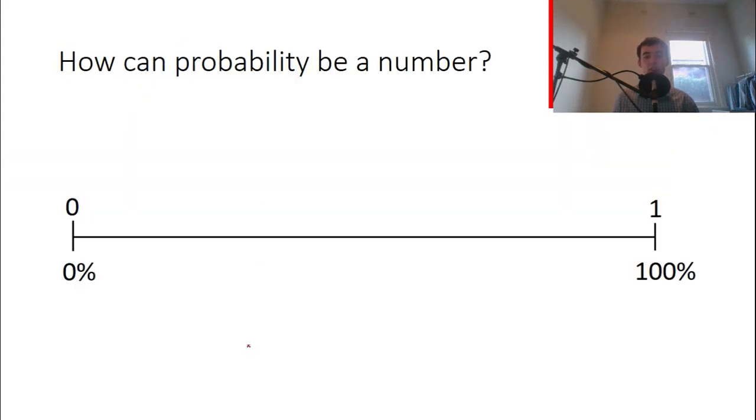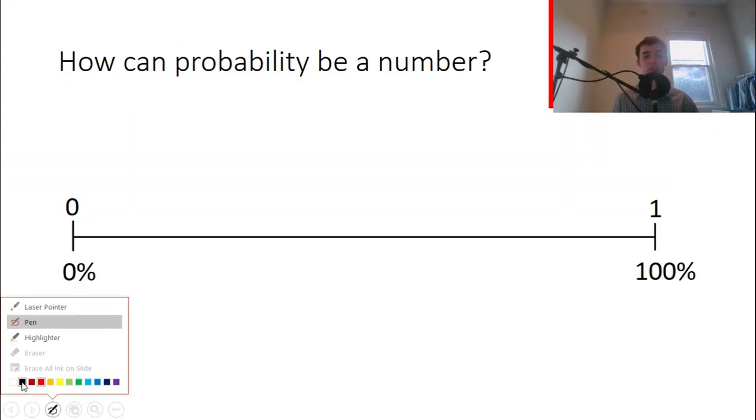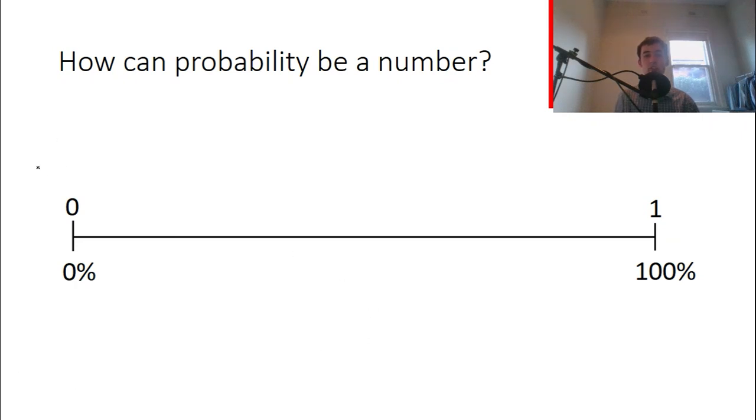So first of all, I want to start off with some English words. For example, impossible. If something has a probability of 0 or 0%, that means that event is impossible.